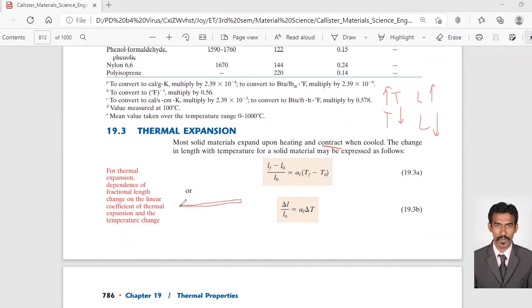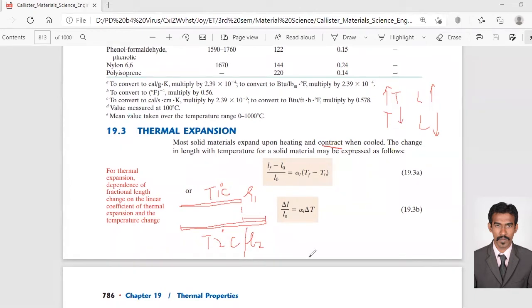Say for example, at T1 degree Celsius, the length is L1, and at T2 degree Celsius, the length is L2. Due to the change in the temperature, T2 minus T1, because you provide some extra heat, this much increase has happened.